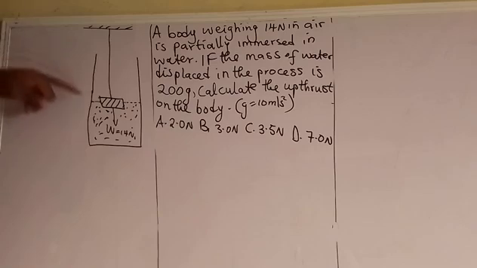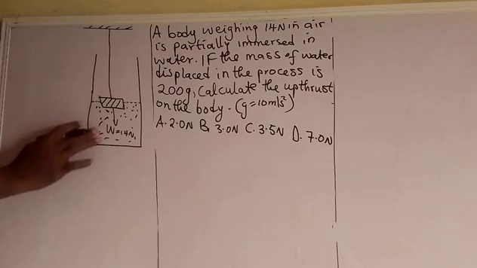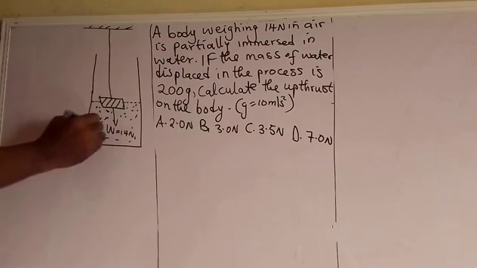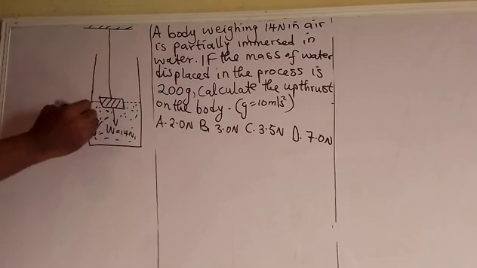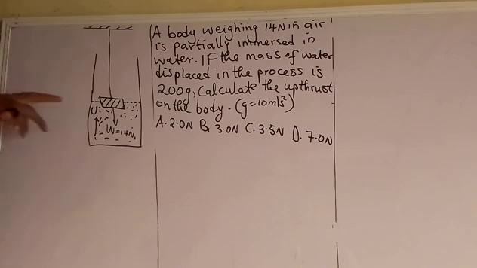At this moment, this object is not going to weigh 14 Newton again in case you hang this to a spring balance. It's going to weigh less. Why? There is an unseen force from water pushing up on this body, and that force is called upthrust force.